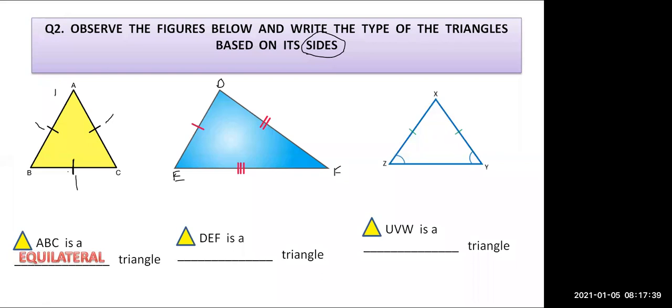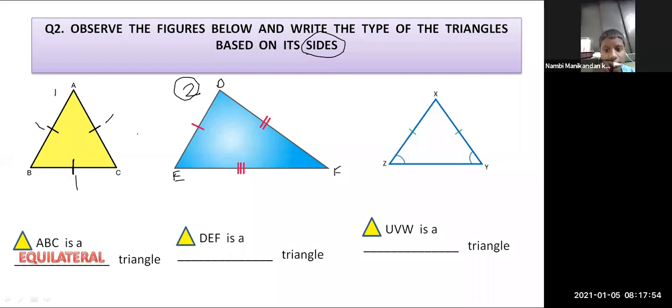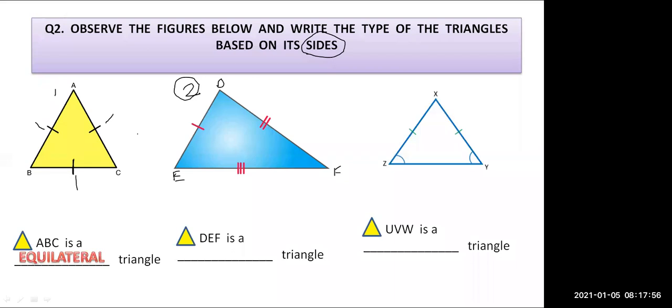Then now just go to the second triangle. What is the name of the second triangle on the basis of sides? Anyone? Isosceles triangle. Which triangle, beta? Isosceles.